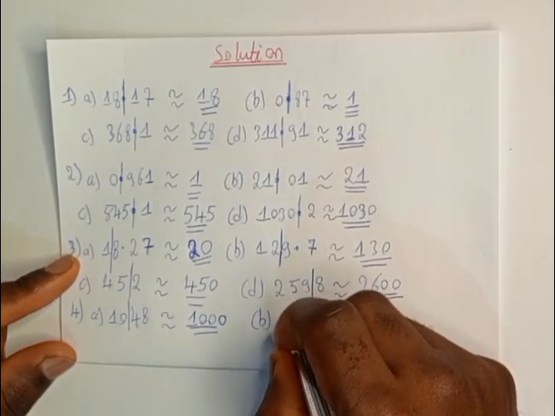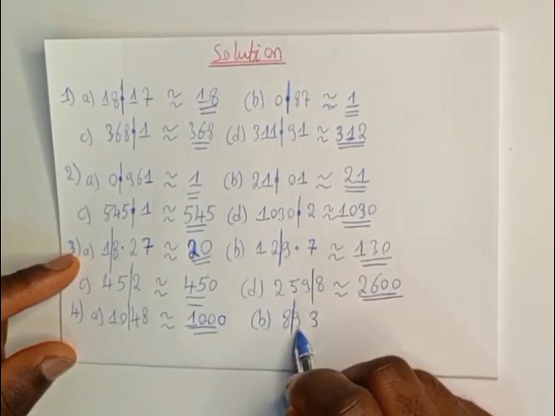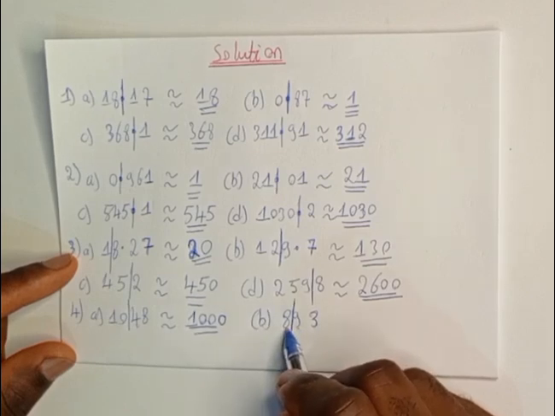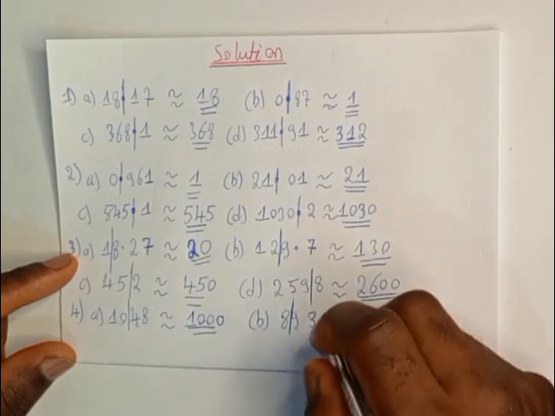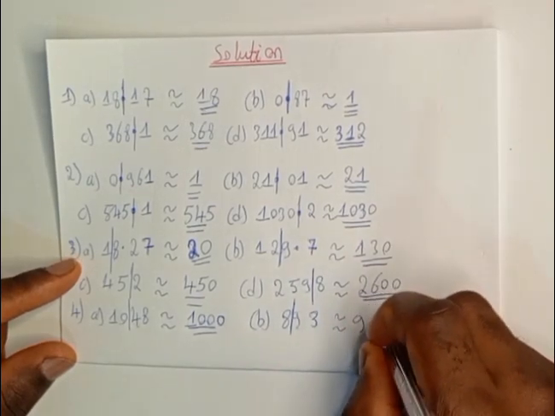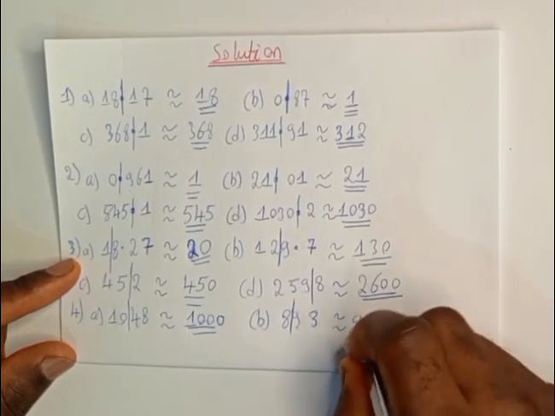We have to round off between the digits 8 and 9. 9 is greater than or equal to 5. It is rounded up to 1. And we have to add the 1 to this 800, and this will be approximately 900. We will replace 9 and 3 with zeros.